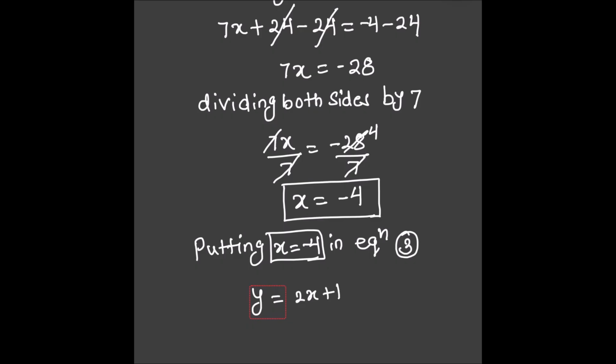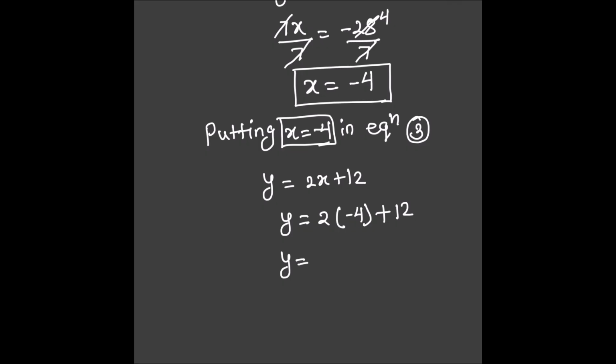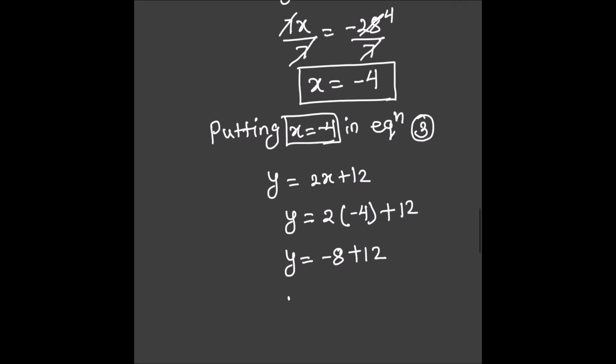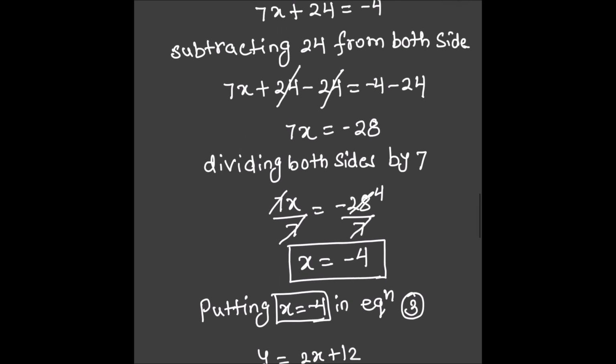So y equals 2 times x, which is negative 4, plus 12. 2 times negative 4 is negative 8, plus 12. So this is 12 minus 8. So y equals 4. So we got the value of x equals negative 4 and y equals 4.